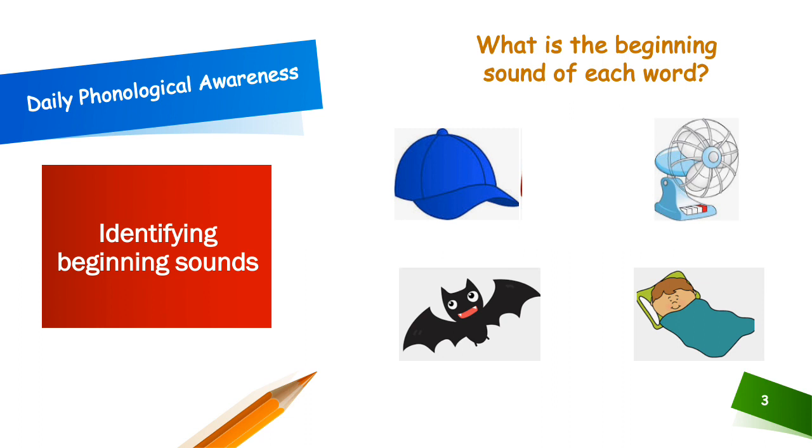B, bat. The beginning sound is b. And last one. Here is a picture of a boy who is taking a nap. Say nap. What sound do you hear at the beginning? Nap. It is n. Nice job.